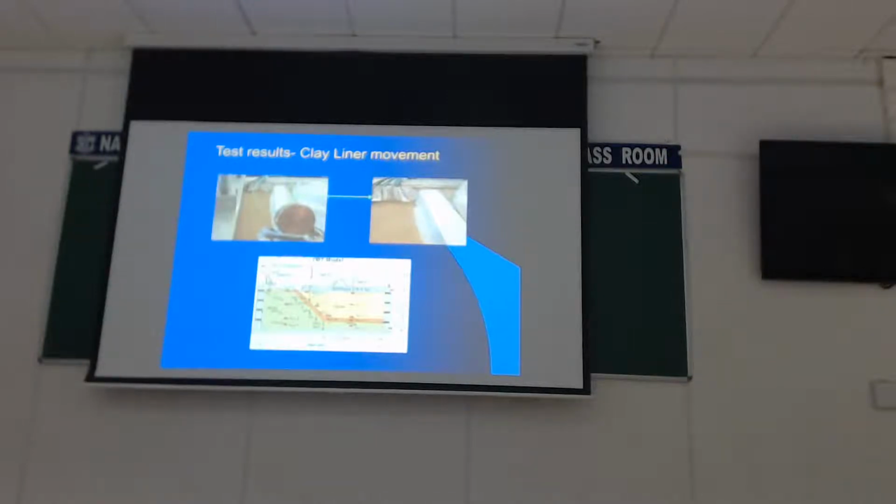So all it did was to push this inclined liner into the liquefied soil. Liquefied soil has nowhere to go, so it has moved up. So after the test, what we saw was that this soil ended up here. So this moved up compared to the previous picture.